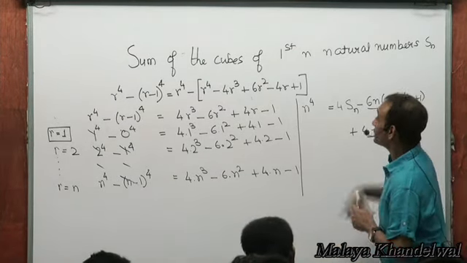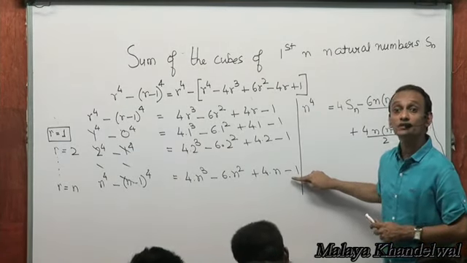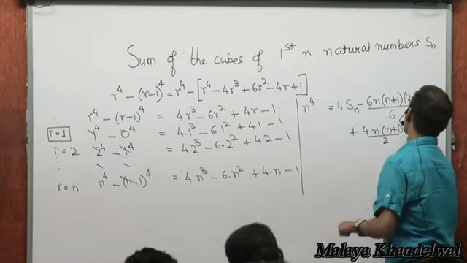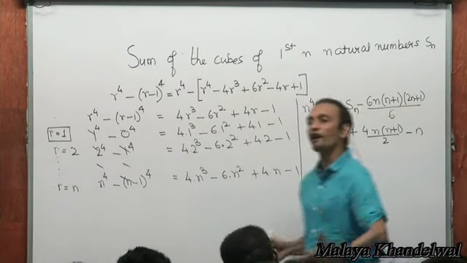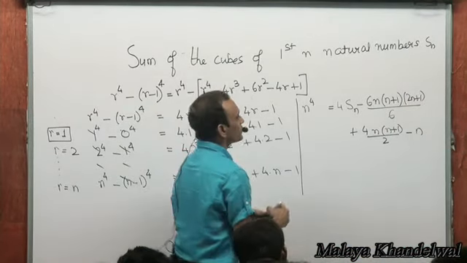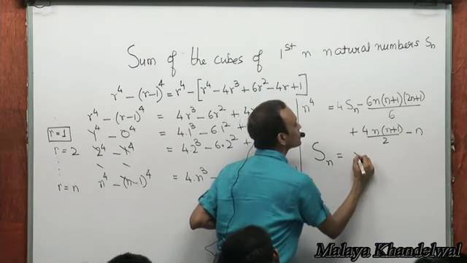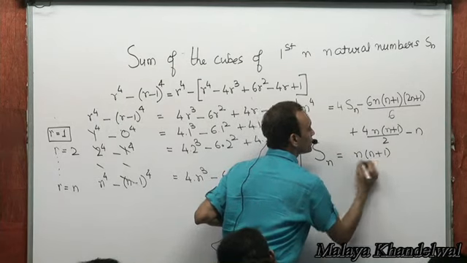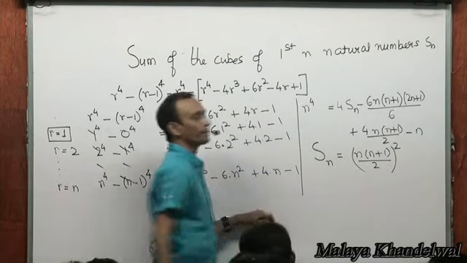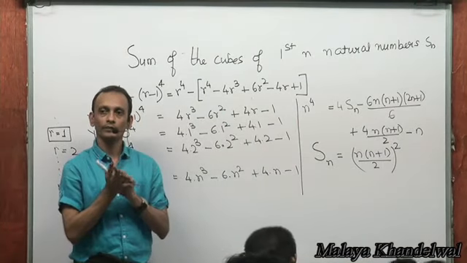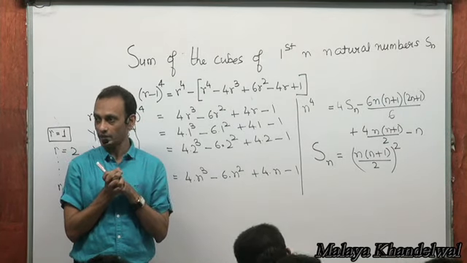And then minus 1, minus 1, minus 1, n times. So that makes it minus n. Let me tell you the final result; you would want to do the simplification yourself. Sn will then turn out to be n into n plus 1 by 2 whole squared.